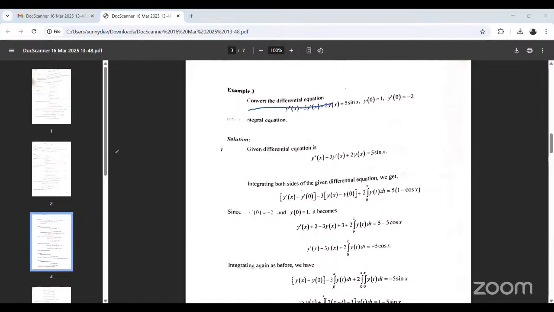Convert the differential equation y double dash of x minus 3 into y dash of x plus 2 into y of x equal to 5 sin x, with the initial values y of 0 equal to 1 and y dash of 0 equal to minus 2.